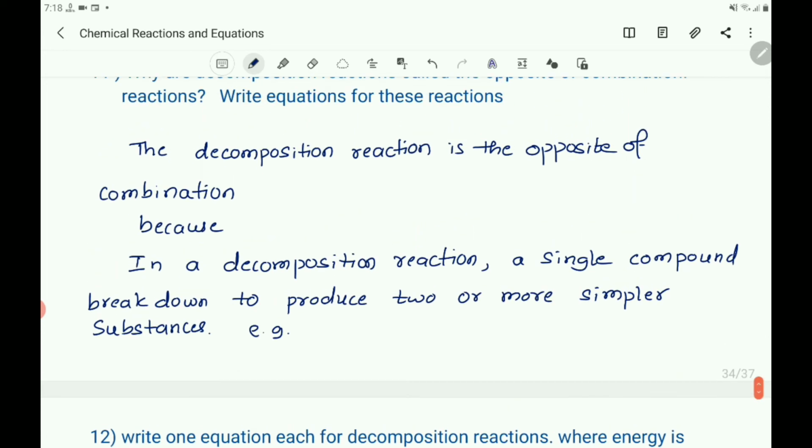Example, mercuric oxide on heating decomposes to mercury and oxygen.